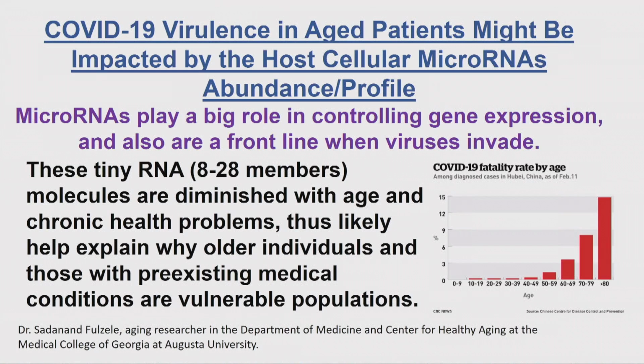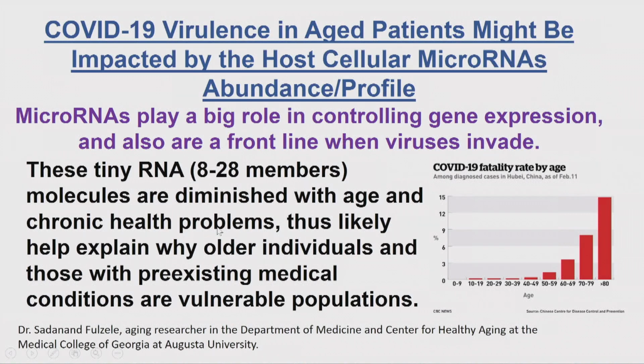happens because microRNA, small RNA, which plays a big role in controlling gene expression in normal people, is very small. It's only 8 to 28 members. The amount of it diminishes with age. And this one is also controlling not only gene expression, but it is also the front line for fighting viruses.